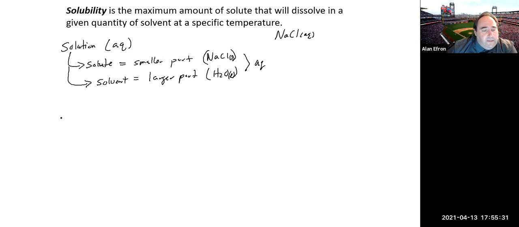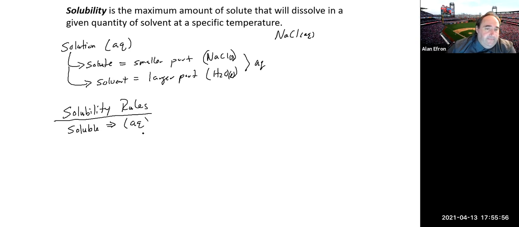Now, we could use solubility rules, which we'll see here in just a second, to help us determine, again, whether or not we expect a solid to form. If something based on solubility rules is deemed to be soluble, what that means is it will mix together, you will not get any solid, and it will get the aqueous symbol next to it.